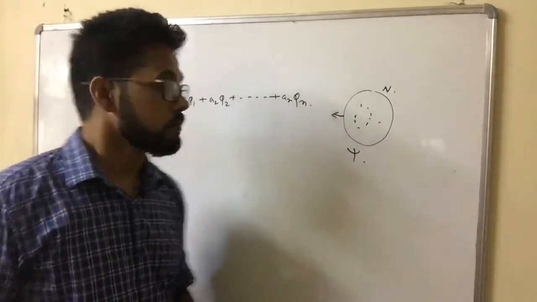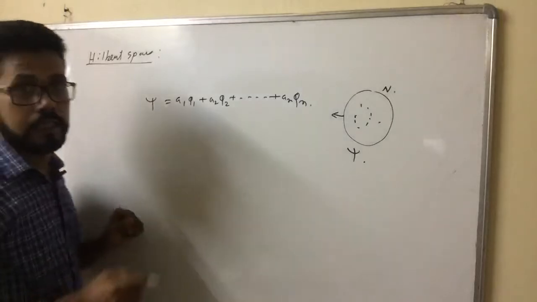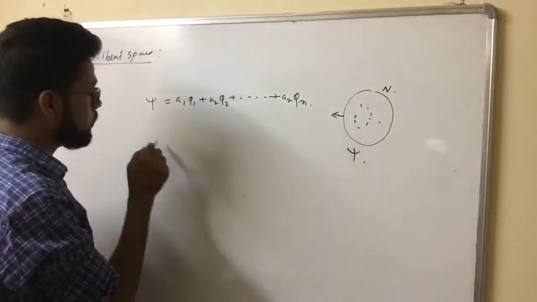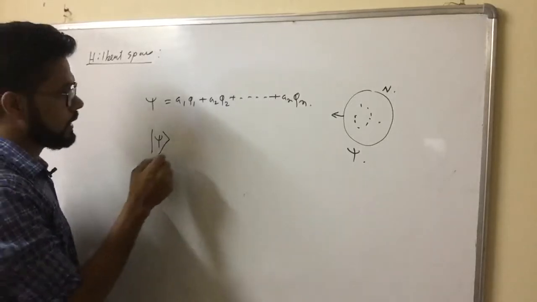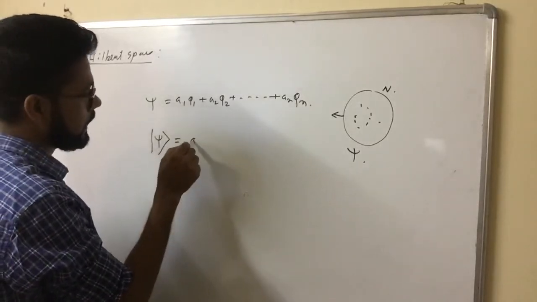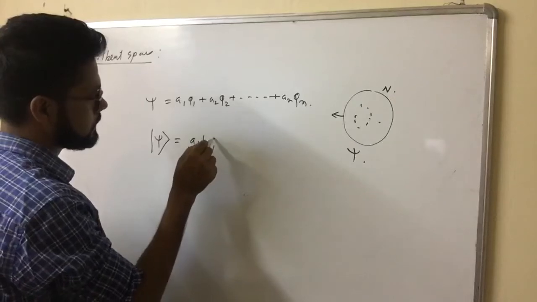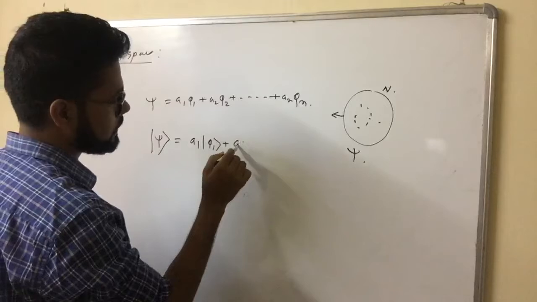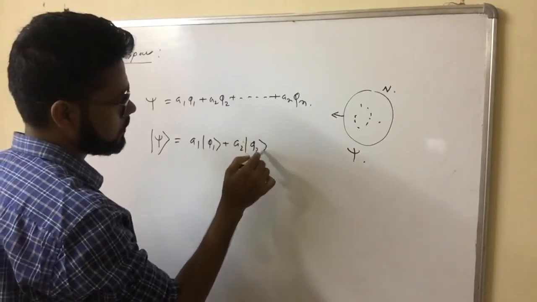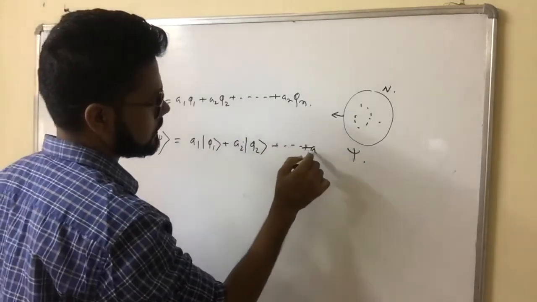Okay. And if we represent it in Dirac form, how will I represent this? This is called a ket vector. Then I simply write it as this one, in a simple form: a1, a2, and so on, nothing else.